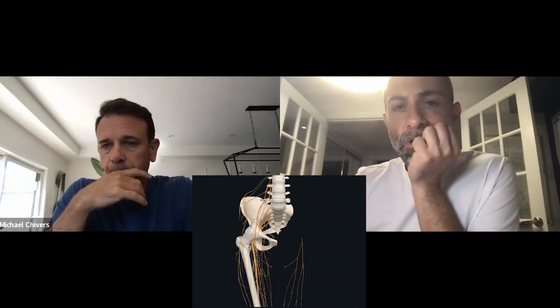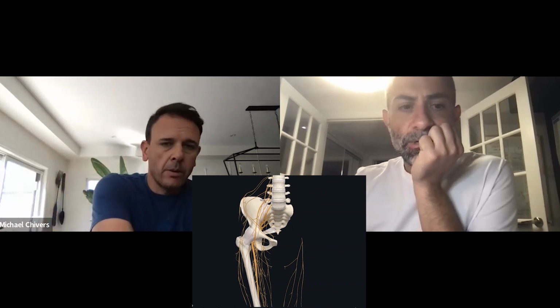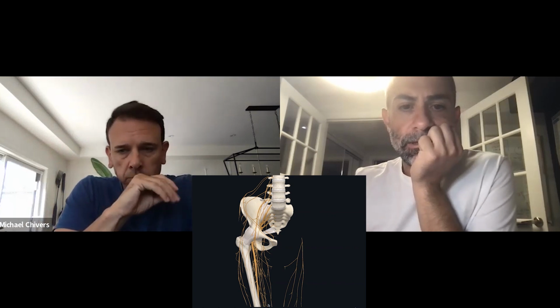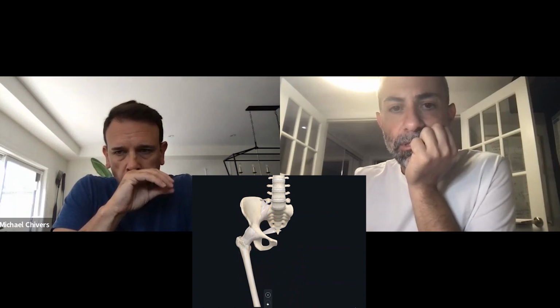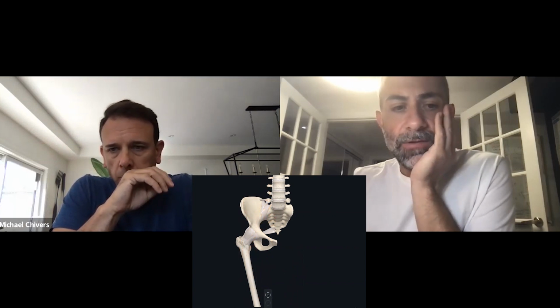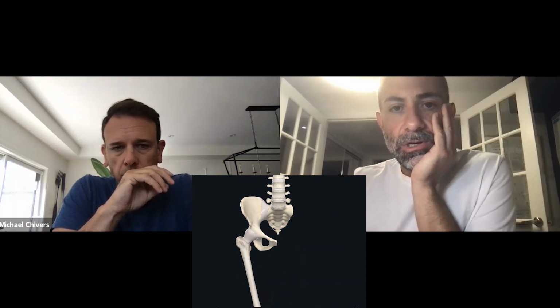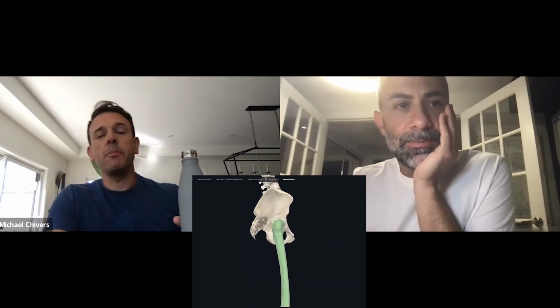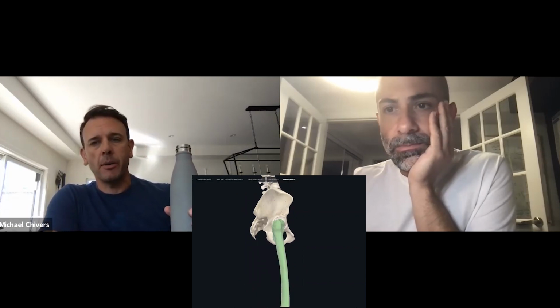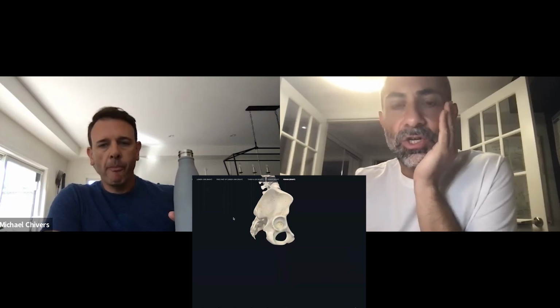Let me do this, because I don't want to leave the layer of the space just yet without bringing up something that we're often asked about at seminars, which is the idea of centralization. So do you want to take a stab? I think you mean centration, correct? I'm sorry, not centralization, centration.